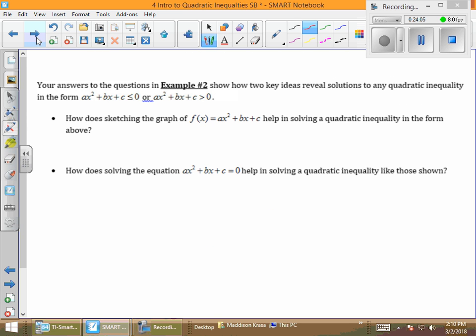All right, your answers to questions in example 2 show 2 key ideas. Okay, we talked about 2 key ideas just now, where we have less than and we have greater than. The first part here says, how does sketching the graph help in solving a quadratic inequality? Like if you didn't have the sketch, what could you not do?